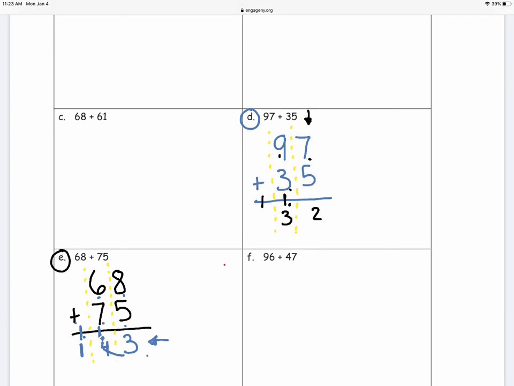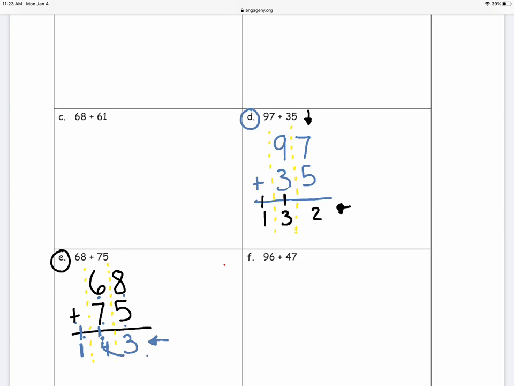Do that on your paper. All right, and finally we can add our hundreds. I don't see anything here. I don't see anything here. We only have the 1 that we added. So 1 plus nothing is 1. 97 plus 35 equals 132.